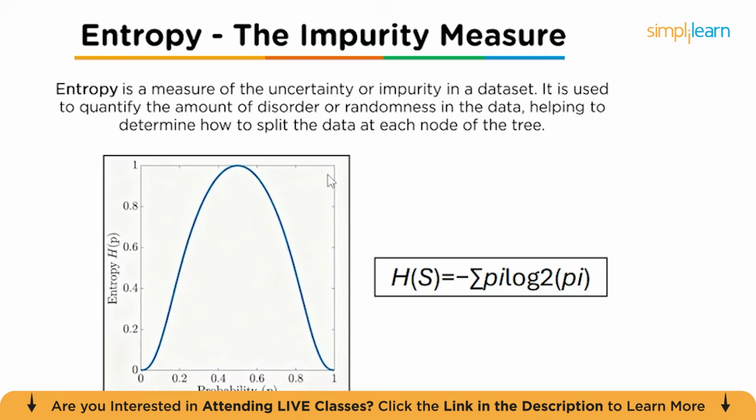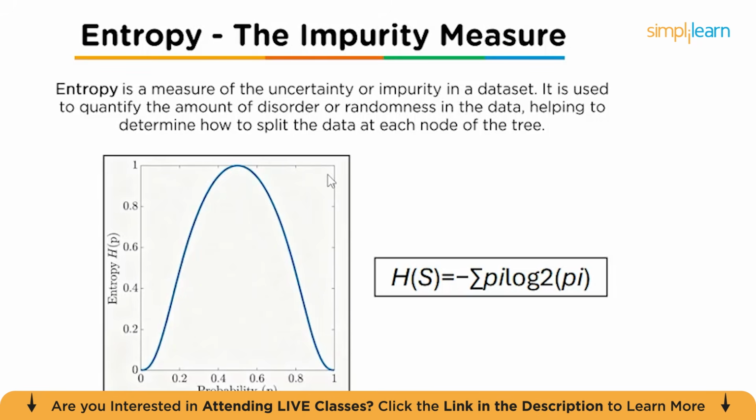That means it talks about the amount of uncertainty of wrong predictions. If I make a particular prediction, then how likely is that prediction to be wrong. That's what the impurity measure of entropy means. So it tries to consider the same thing.